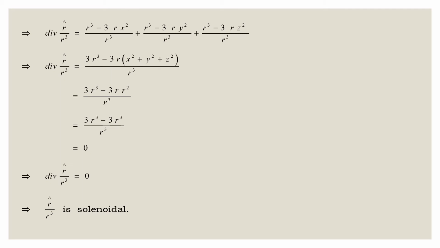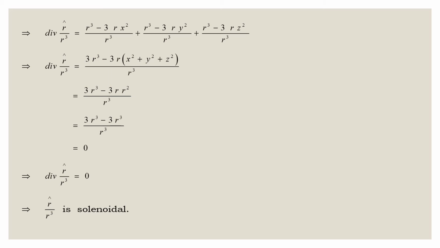Then div f equals (r cube minus 3r x square) upon r cube plus (r cube minus 3r y square) upon r cube plus (r cube minus 3r z square) upon r cube.